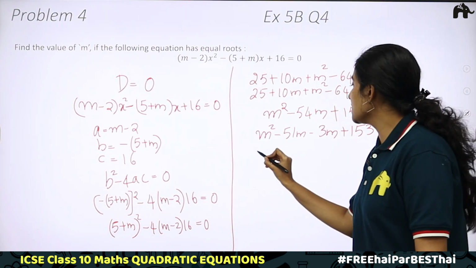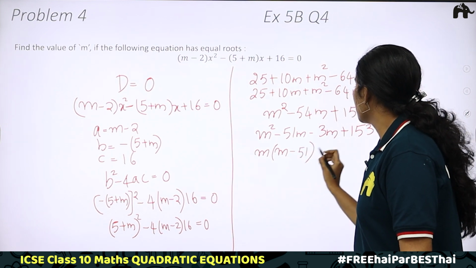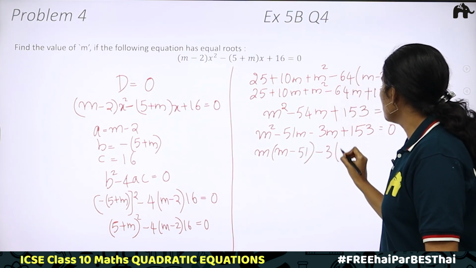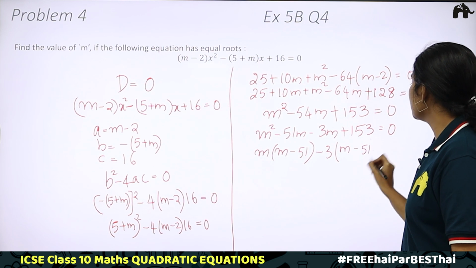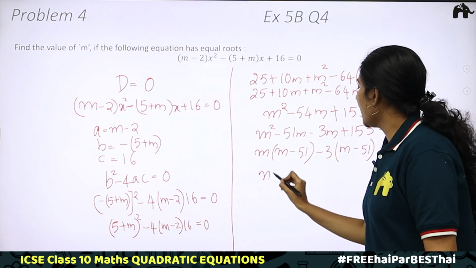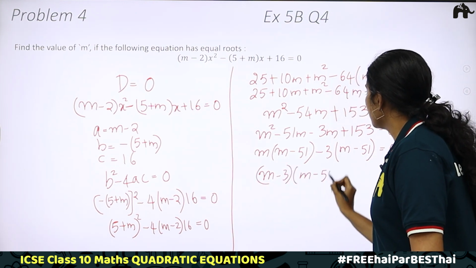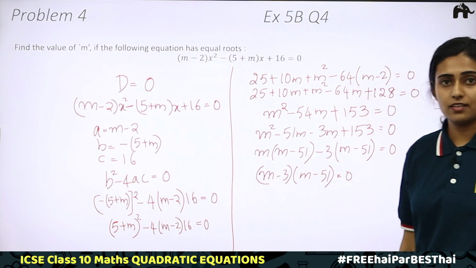Taking common terms, m into (m minus 51) minus 3 into (m minus 51) is equal to 0. Okay. (m minus 3) into (m minus 51) is equal to 0.